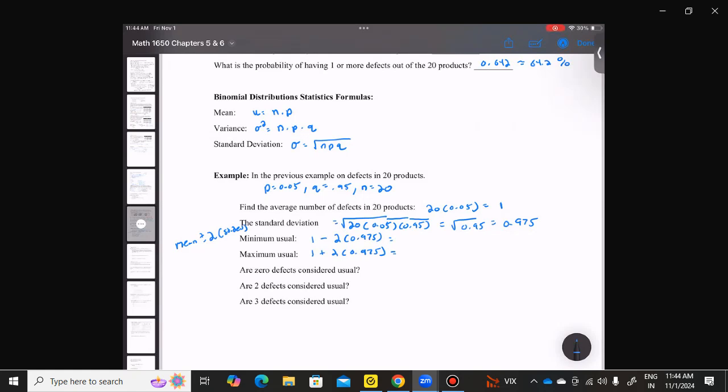First one is negative 0.95, and the maximum is 2.95.